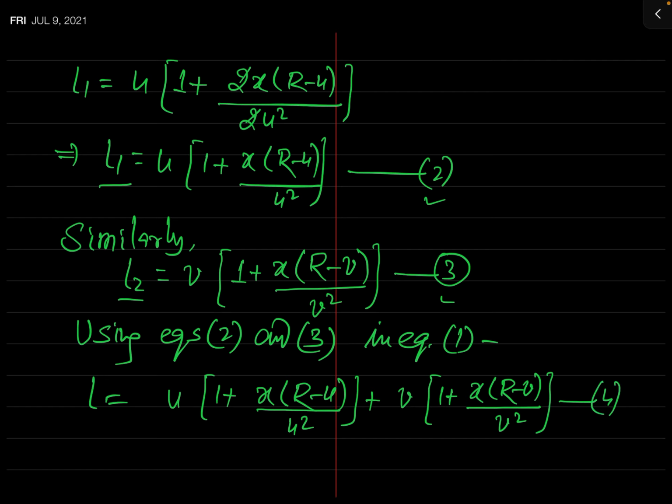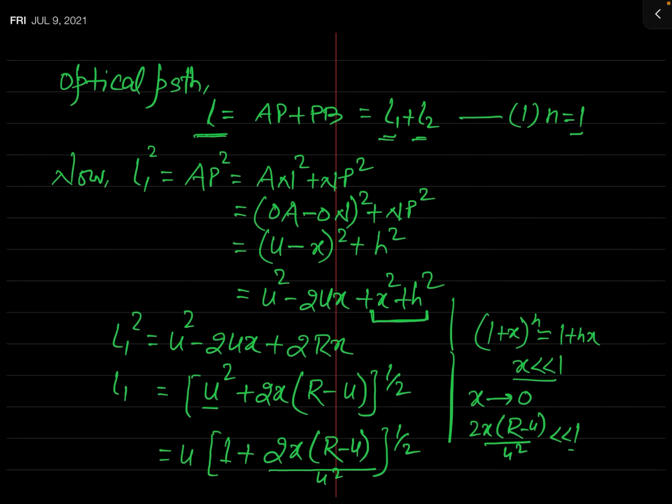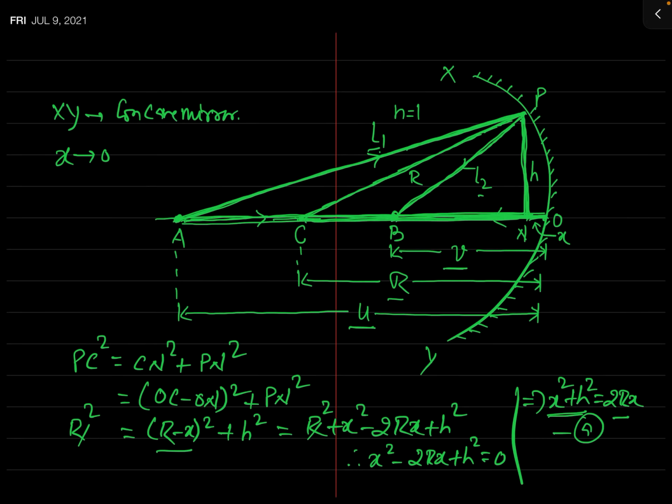Now you know, according to Fermat's principle, if this path, see here in this figure, if this path APB be the actual path of the light ray, then this path must be extremum.